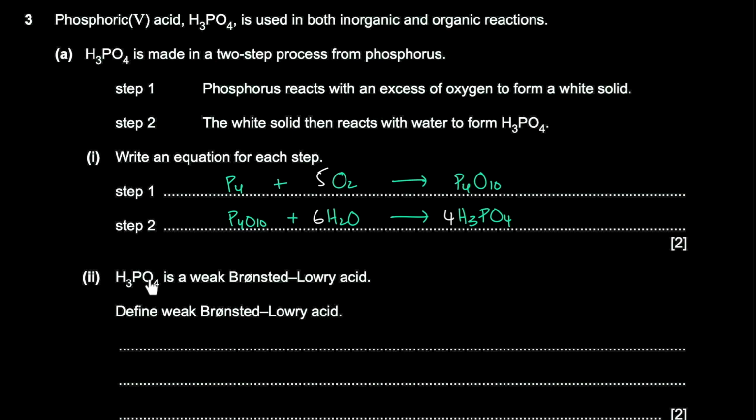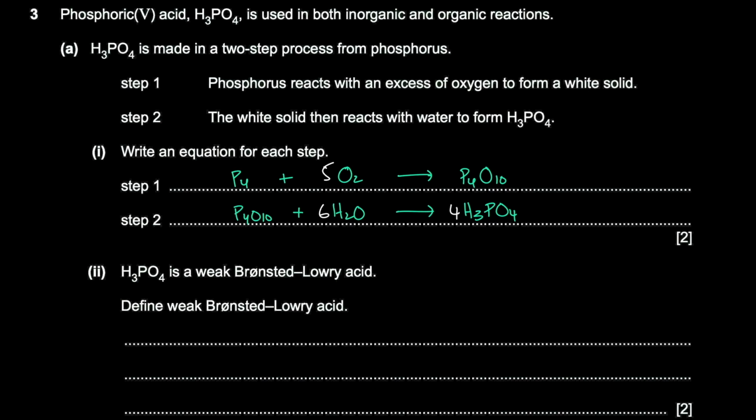Phosphoric(V) acid, H3PO4, is a weak Bronsted-Lowry acid. Define weak Bronsted-Lowry acid. When we say Bronsted-Lowry acid, we mean that it's a proton donor. And the word weak means that it partially ionizes.